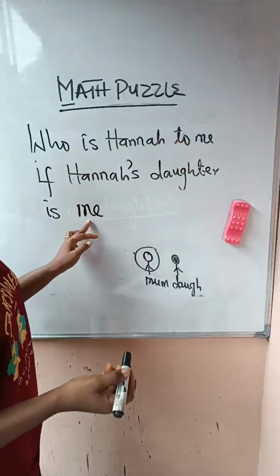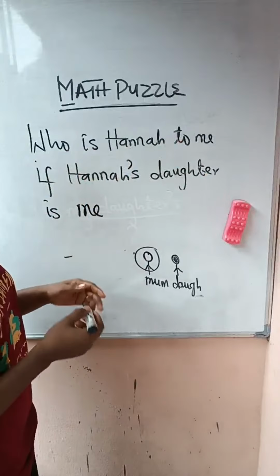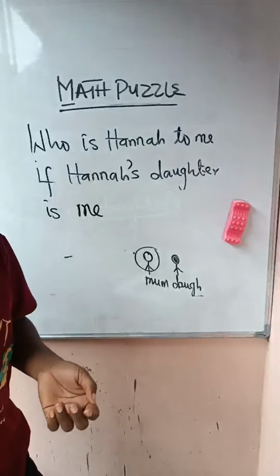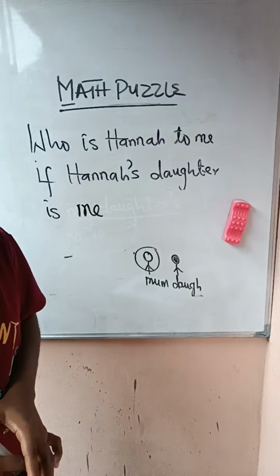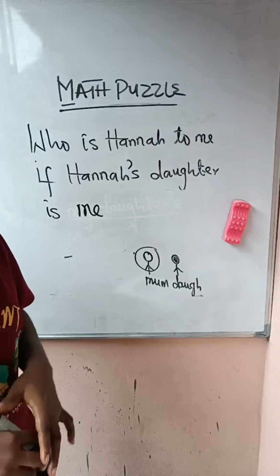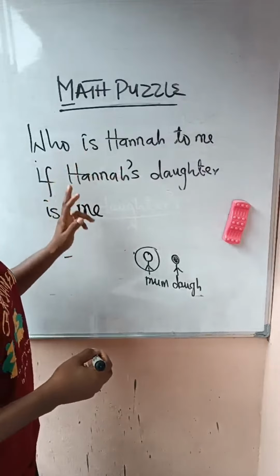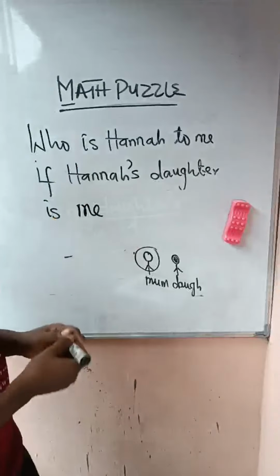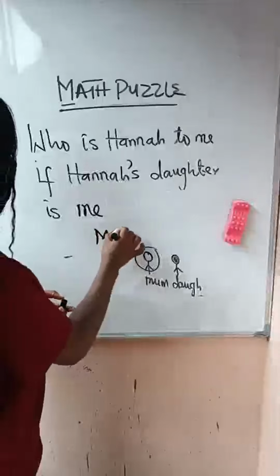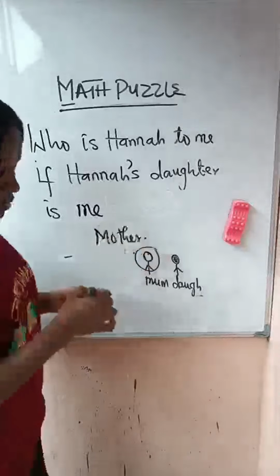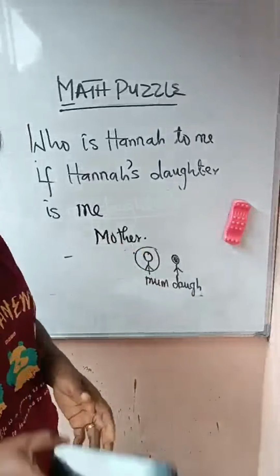If I'm Hannah's daughter, then Hannah is my mother. That's a very simple ideology, right? Hannah's daughter is me. That means Hannah is my mother. As simple as that. So mother is the answer. I believe this makes sense, right?